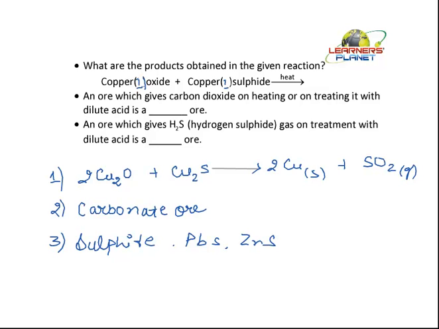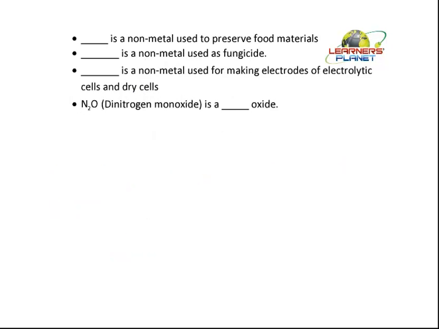Now let's take up some difficult questions. This is also a simple one. Dash is a non-metal used to preserve food materials. Now, in order to prevent rancidity, the food materials are flushed with nitrogen gas. So which is a non-metal here? It is N2 gas. Why?